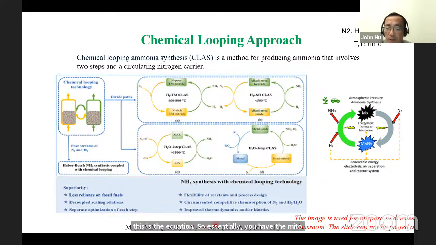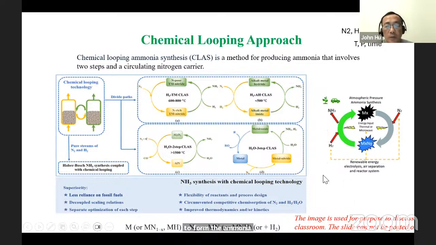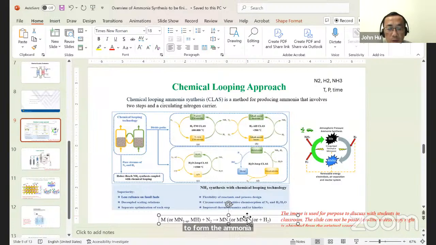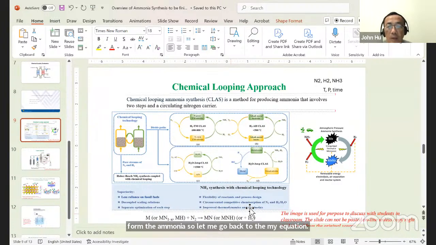It's the same as the oxygen carrier. This is a nitrogen carrier: you need a solid, and then this metal nitride reacts with hydrogen to form ammonia. There should be another equation on the bottom here. Anyway, this is basically the loop.